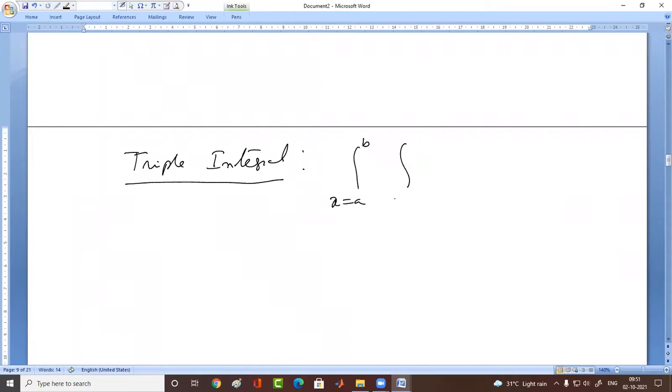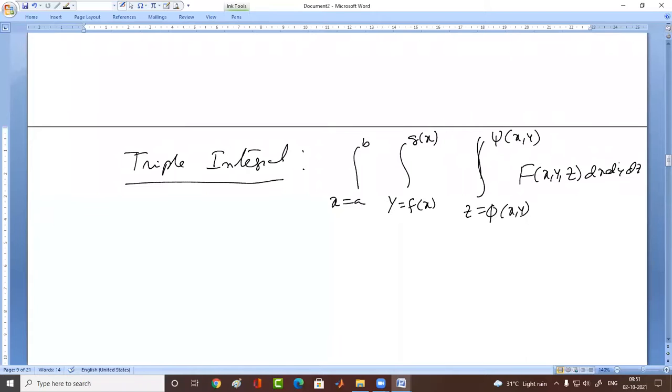Just for understanding, y equals some function of x to some function of z. And the third one, z limits some function of x, y to some function of x comma y. Some integrand f of x, y, z, dx, dy, dz.